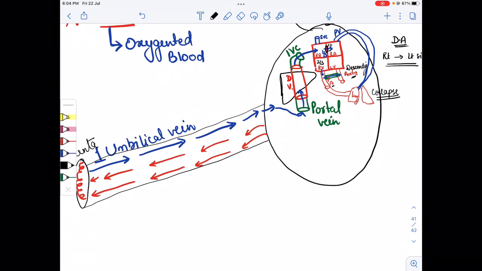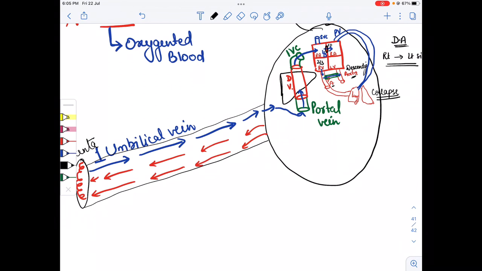So my first question after all this explanation: in the umbilical cord, how many arteries and veins are there? There are two arteries and one vein. Now the umbilical vein continues as the portal vein, and the portal vein connects to the ductus venosus, which bypasses the liver and connects later to the inferior vena cava.